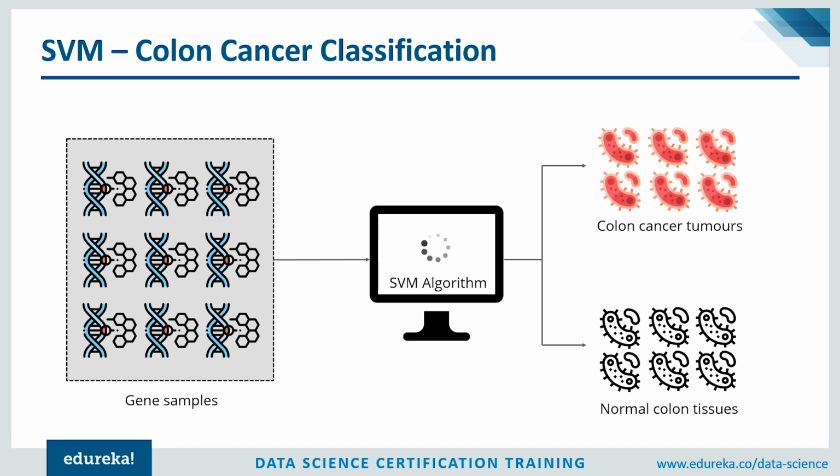Alright. Now the main objective of the study was to classify gene samples based on whether they are cancerous or not. Okay, so SVM was trained using the 50 to 200 samples in order to discriminate between non-tumor from tumor specimens. So the performance of the SVM classifier was very accurate for even a small data set.